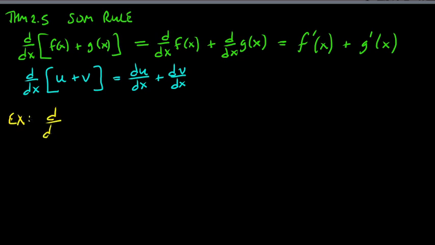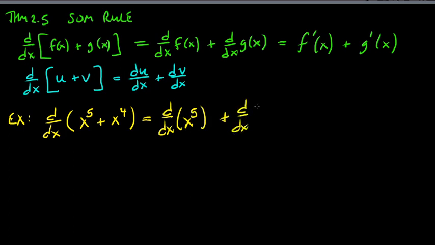Okay, some examples. Let's just start with the derivative of, how about x to the 5 plus x to the 4. Well, we can think of my u as x to the 5, my v as x to the 4. And so you just take the derivative of x to the 5 plus the derivative of x to the 4.